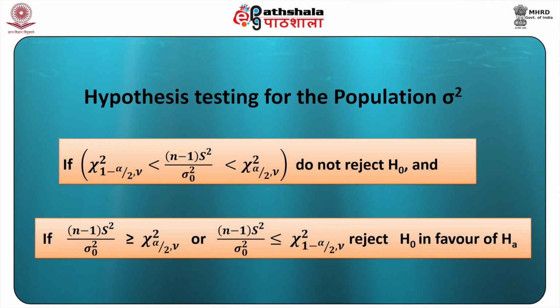And if it is equal to or lies beyond these two limits in either direction, the null hypothesis is rejected, which is similar to our earlier examples of the t-test, etc. The non-rejection and rejection ranges are given by our formulas, and I'm sure you understand that we do not reject the hypothesis if it is within the range, and we reject H0 in favor of H1 if it is outside the range.